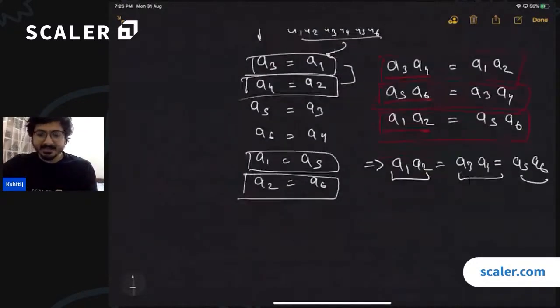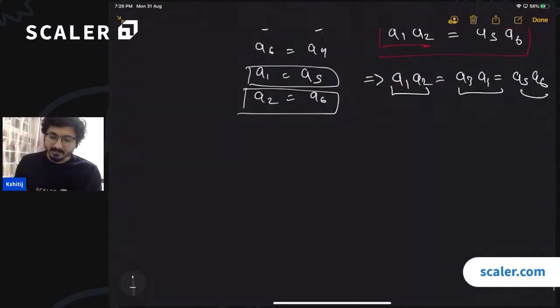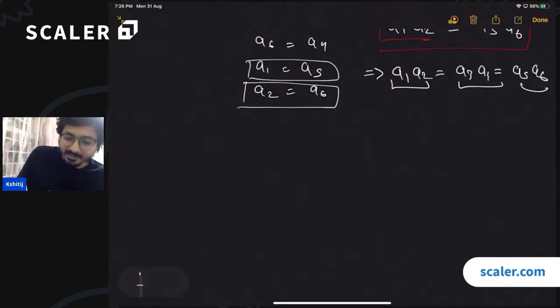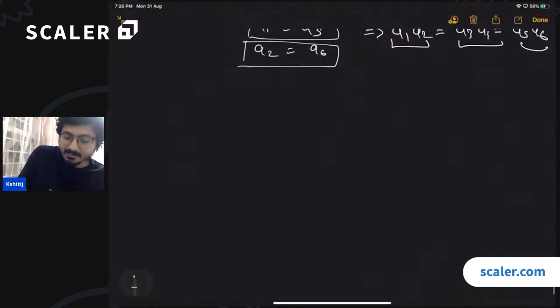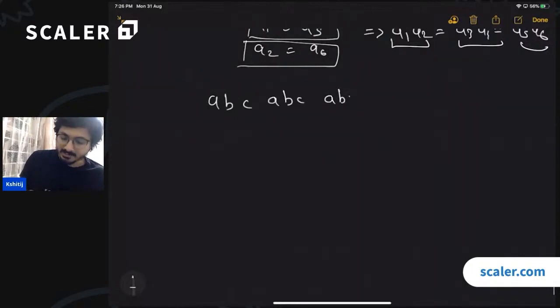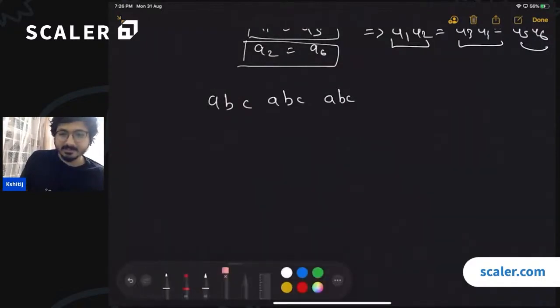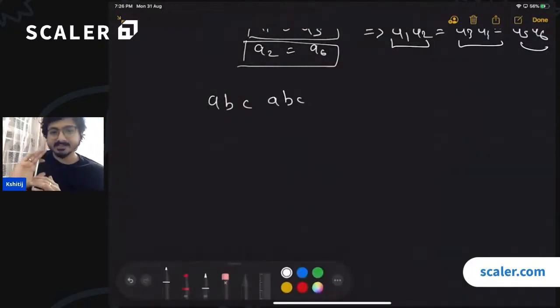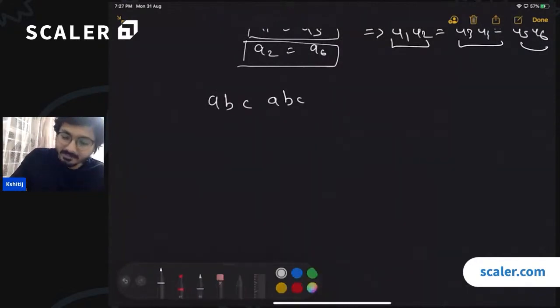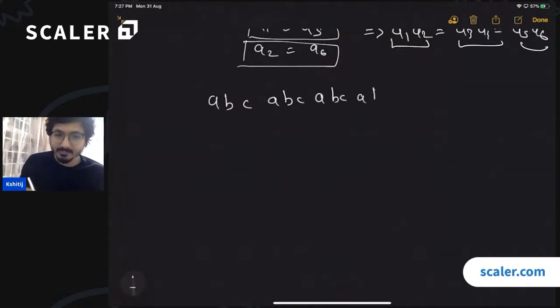Let's take an example of a size 3 substring. Let's take a smaller string, ABC, ABC, ABC. First we append it to itself, so we get ABC, ABC.